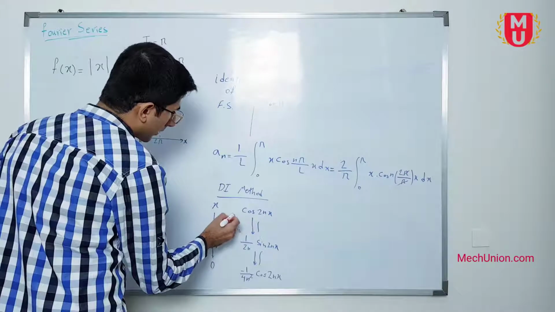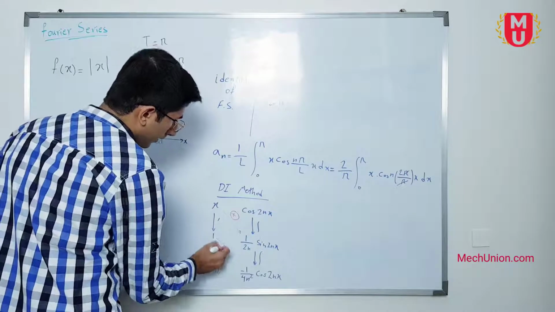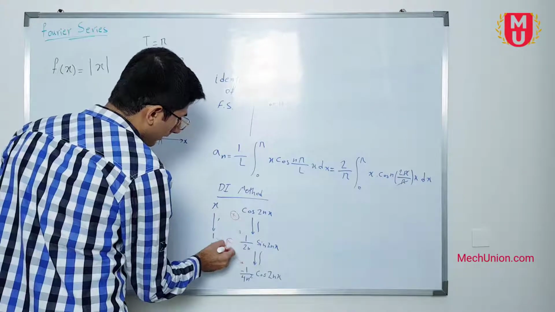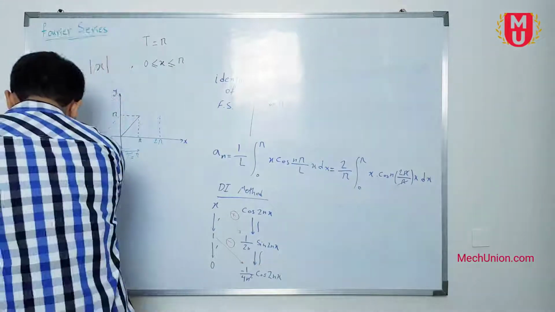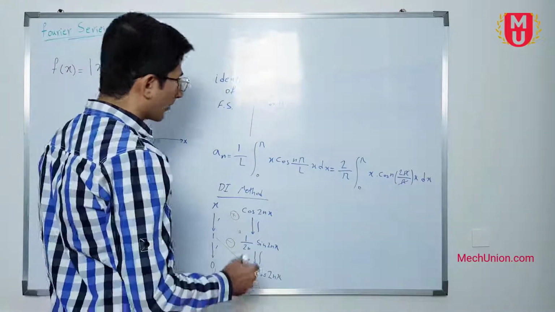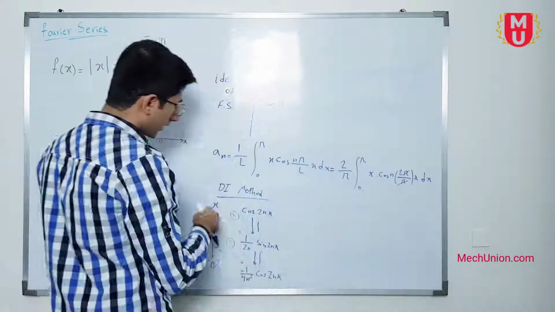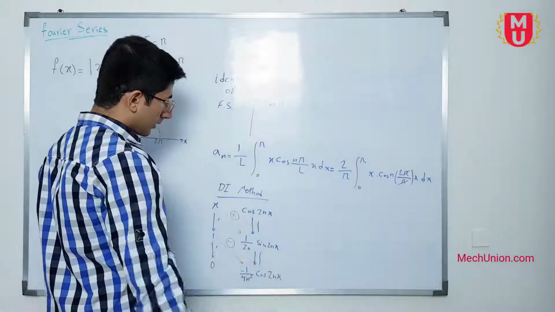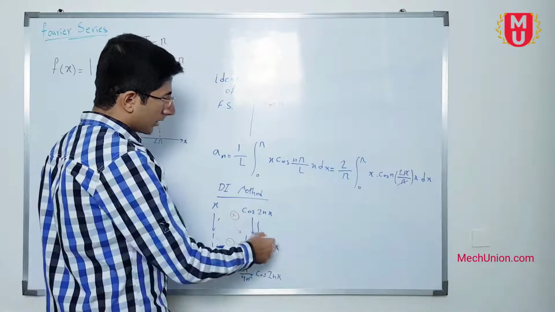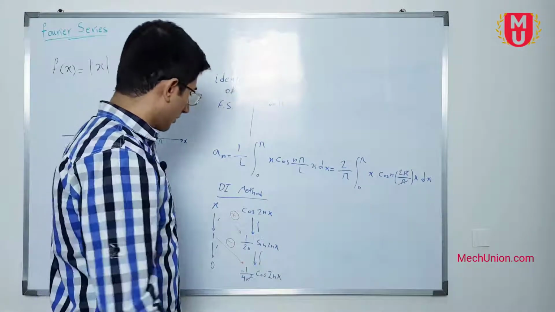This is with a positive sign, and this will multiply with a negative sign. Again, our boundaries are 0 and pi. We don't need to calculate this multiplication because the sine makes it 0.